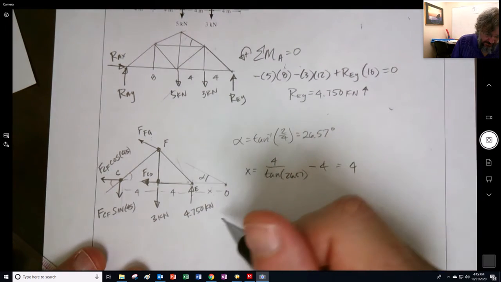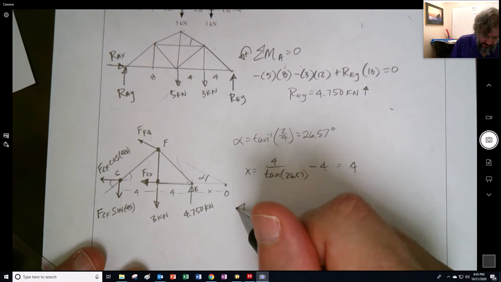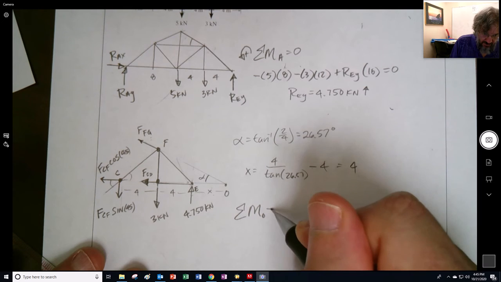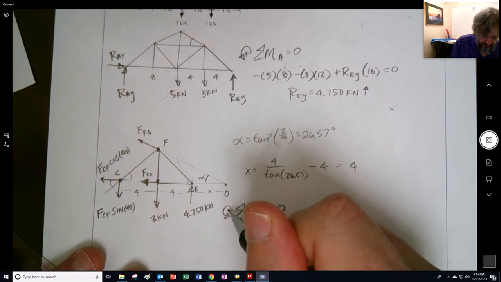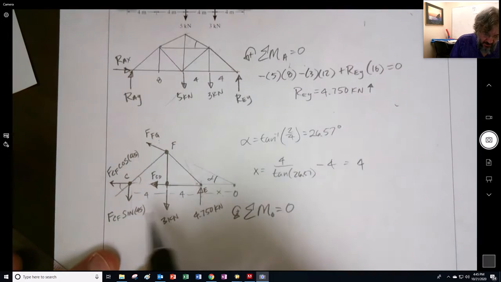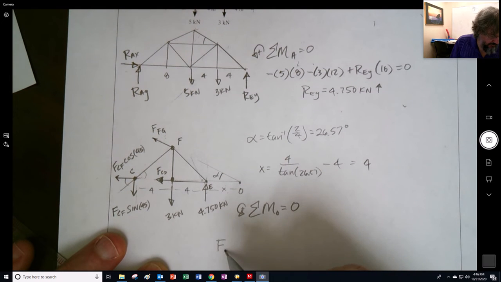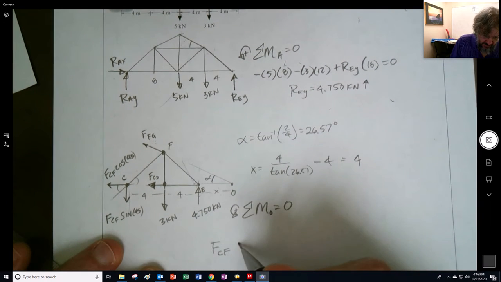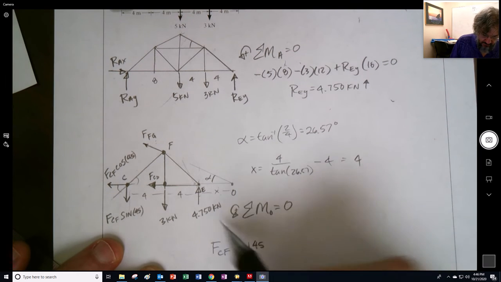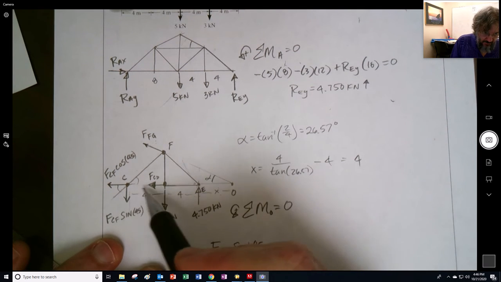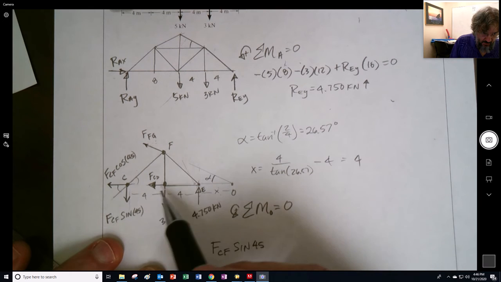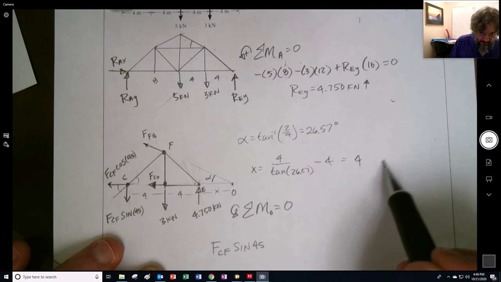So if we took the sum of the moments about O right here, and we look at this and say that's going to be FCF times the sine of 45, right? So we only want that vertical component. It's going to be times 12, right? 4, 4, and of course 4.